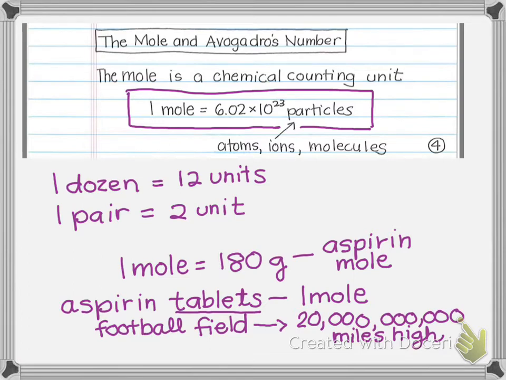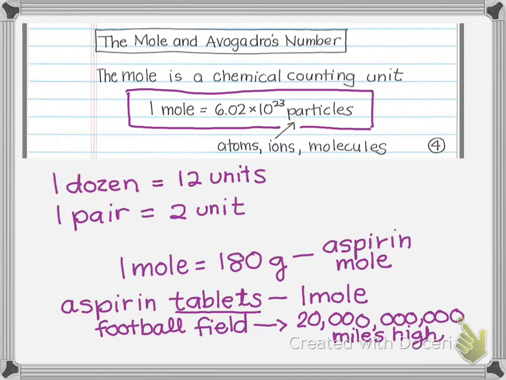And I emphasize that because we don't use a mole in our everyday life. This really is something that chemists use a lot, because atoms and molecules and ions are so small, we have to have a lot of them before we can start measuring them on our balances and doing things in lab. So I just want to impress you that this is a gigantic, gigantic number.